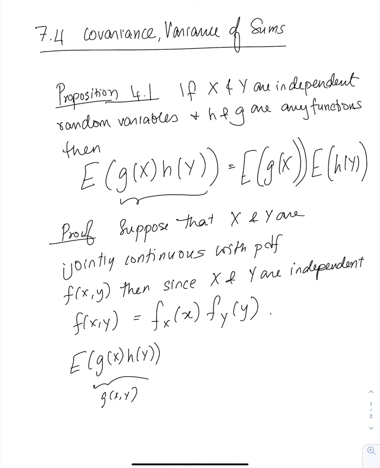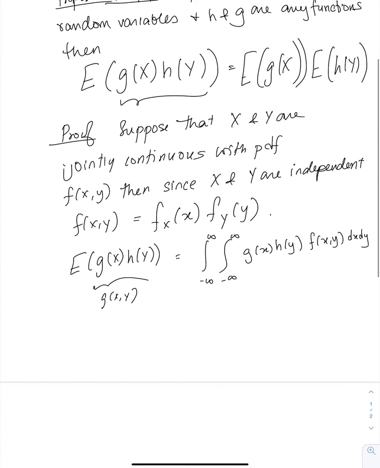The expectation is the double integral, from minus infinity to infinity, of the function times the joint density. However, we'll apply that this is equal to f sub X times f sub Y.